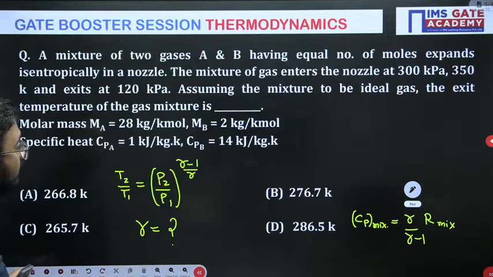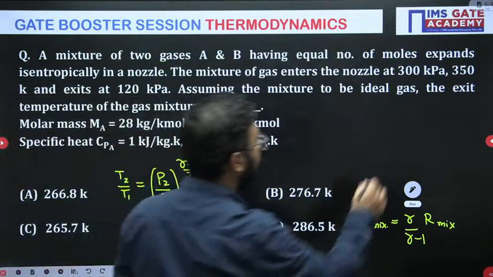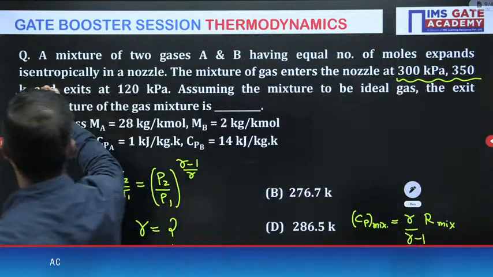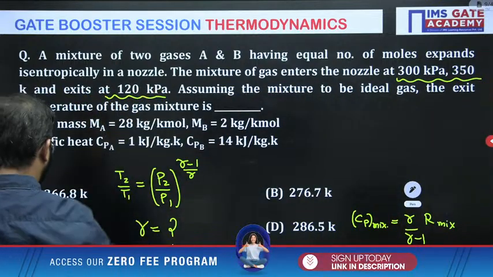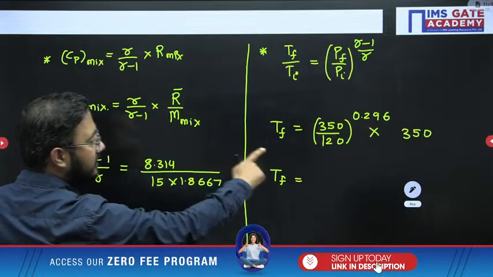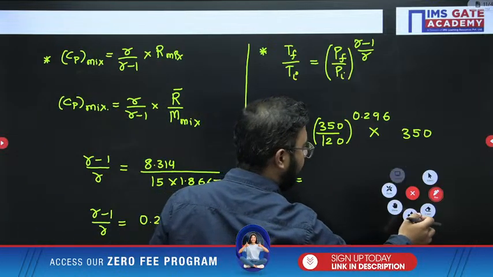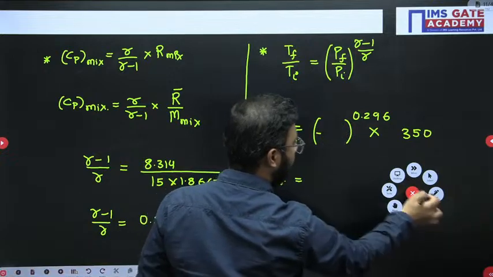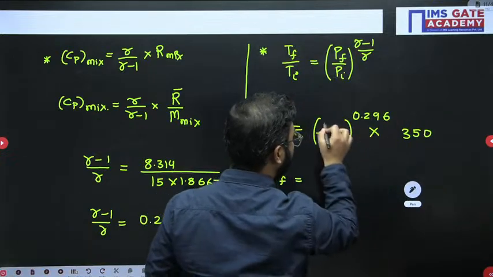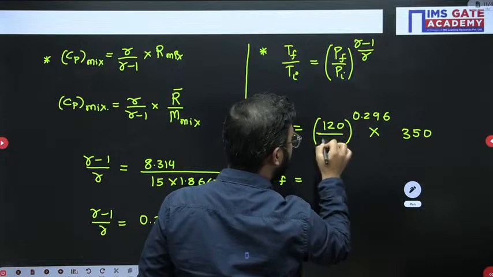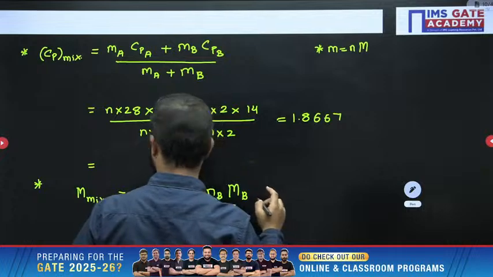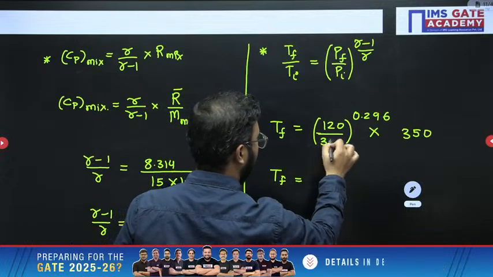266.85. So one important thing, this 300 kilopascal and this 350 Kelvin is at the entry, and exit is at 120 kilopascal. So exit, that is final pressure, we should write it here as 120 because final condition is 120, right? Initially it was 300, like this.